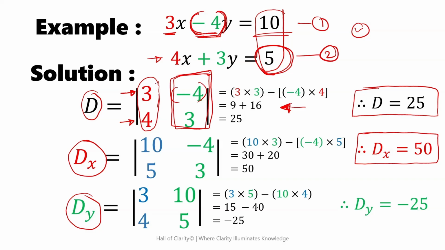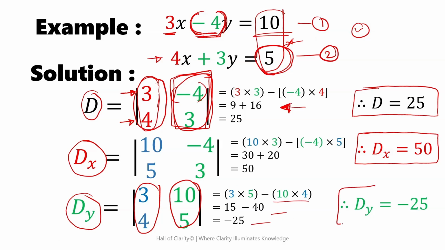Here you can see that the coefficients of x are written as they are, and the coefficients of y are replaced with constant terms, that is 10 and 5 over here. Now once we write this determinant Dy, then after solving this, we get the value of Dy to be minus 25.